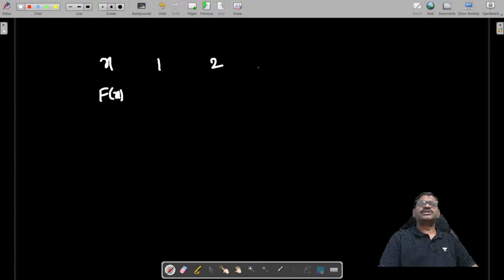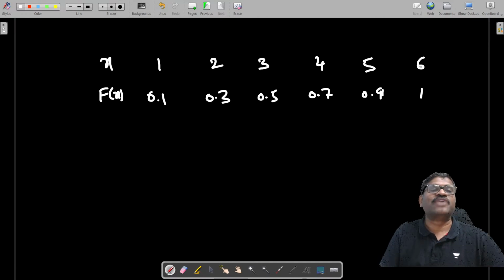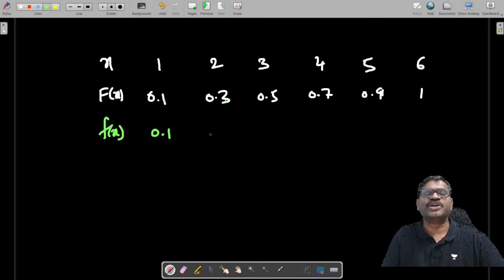X values 1, 2, 3, 4, 5, 6. Capital F of x is 0.1, here 0.3, here 0.5, here 0.7, here 0.9, here 1. Now what about small f of x, the density or mass function? We will say 0.1. See, 0.3 minus 0.1, 0.2; 0.5 minus 0.3, 0.2; 0.7 minus 0.5, 0.2; 0.9 minus 0.7, 0.2; 1 minus 0.9, 0.1.